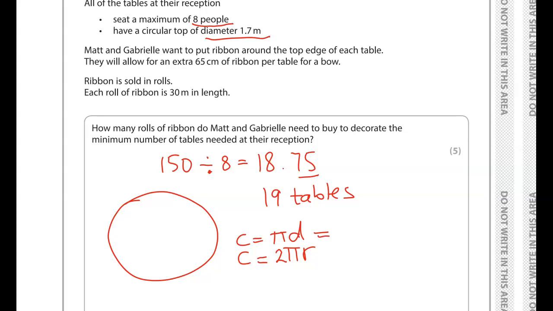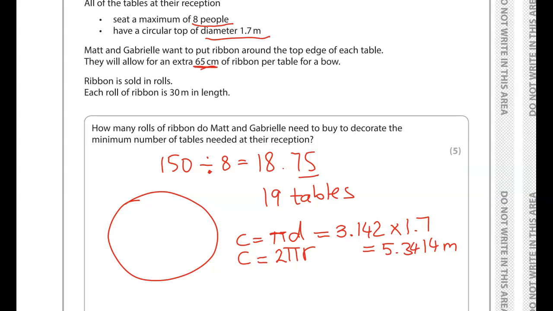So if the diameter is 1.7 meters, we're going to do pi, which is 3.142, times 1.7, and that gives us 5.3414 meters of ribbon.